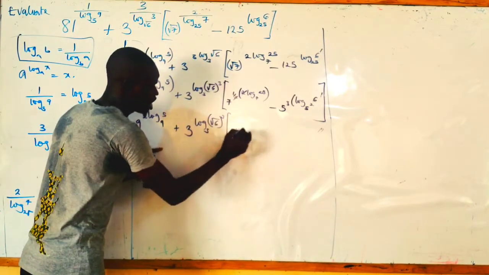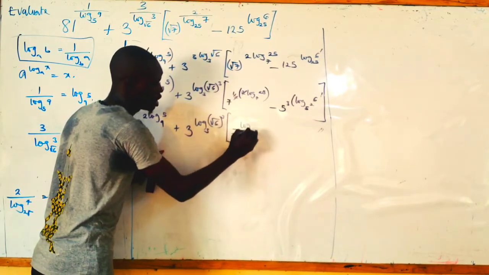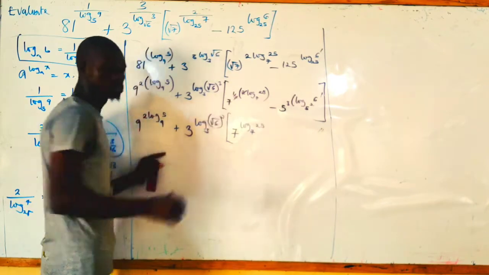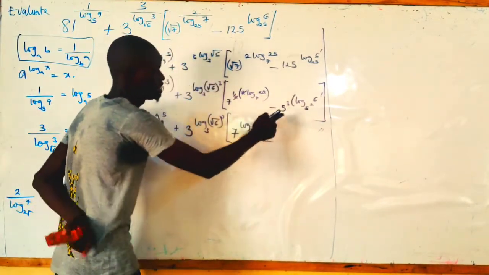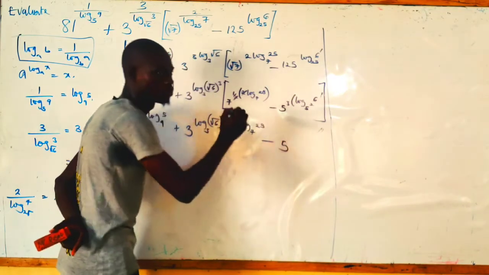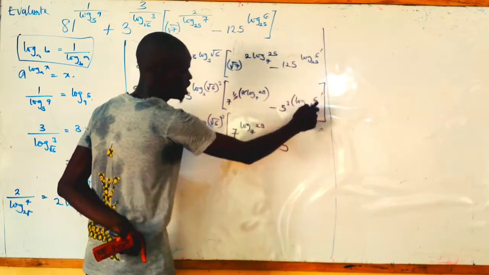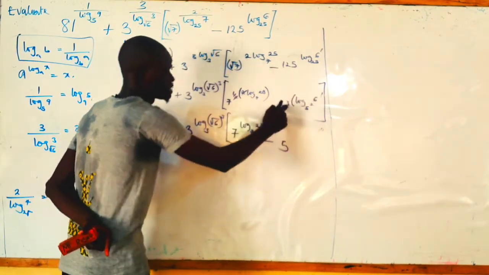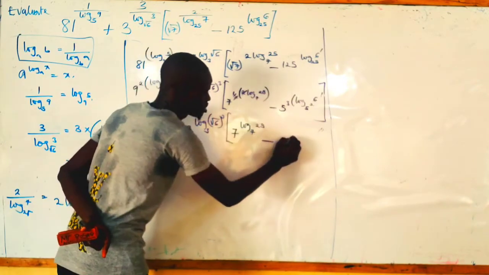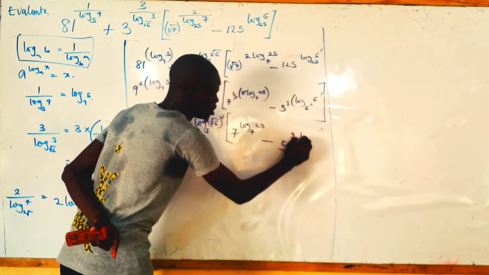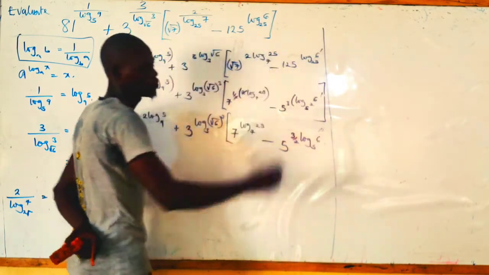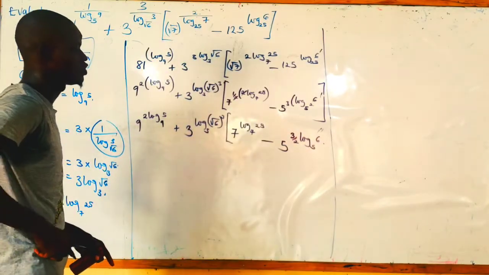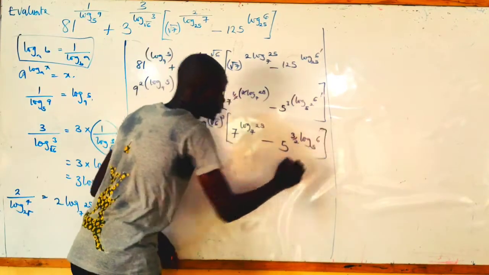I'll be left with 7 log of 25 base 7, then minus of, then this one should be giving me 5. I'll be having this as 1 over 2, that is 3 times 1 over 2, which is equal to 3 over 2 log of 6 base 5. Log of 6 base 5. This is all we have for this.